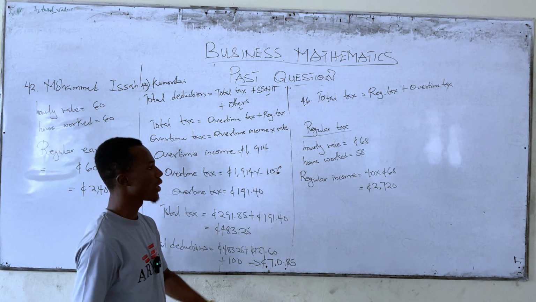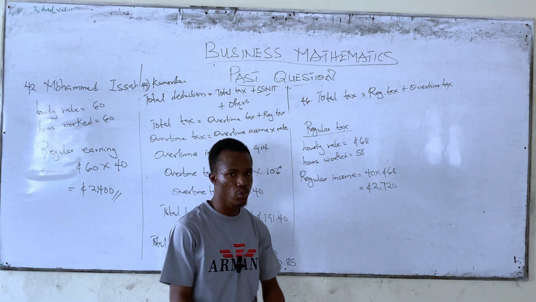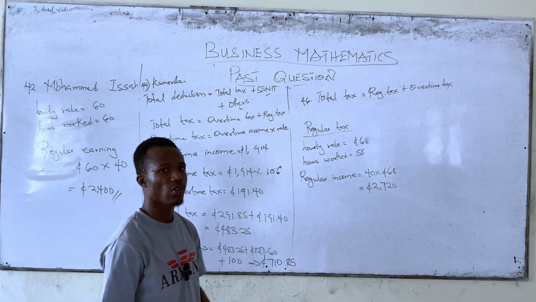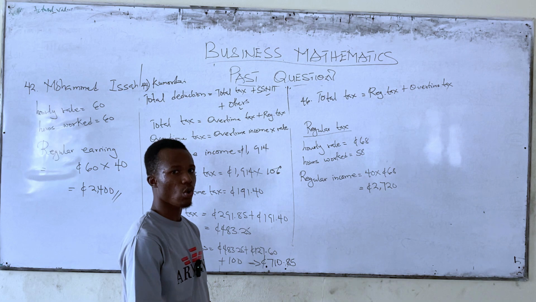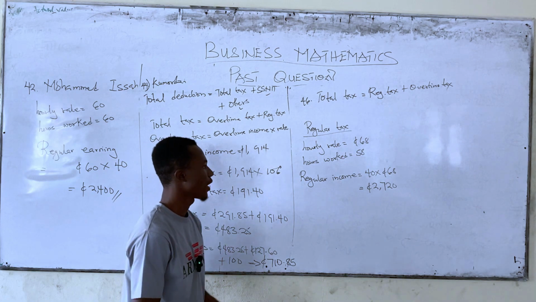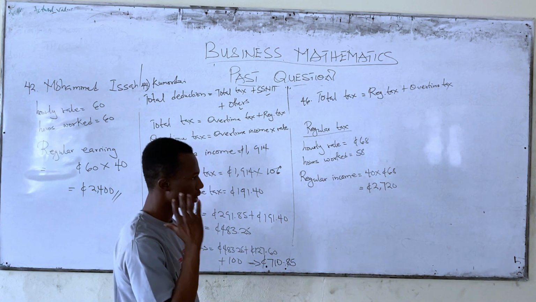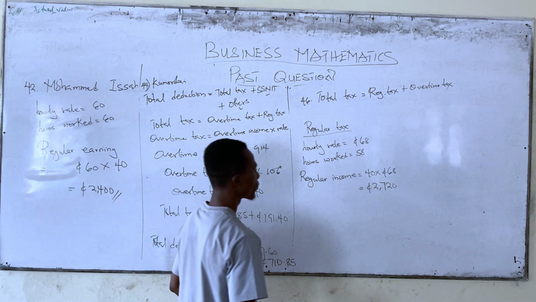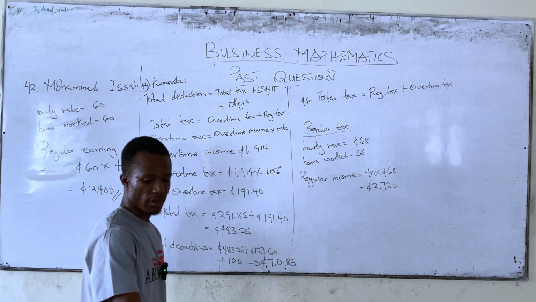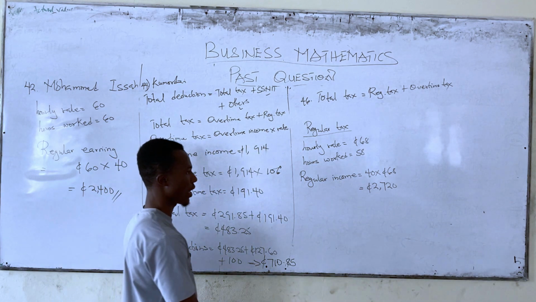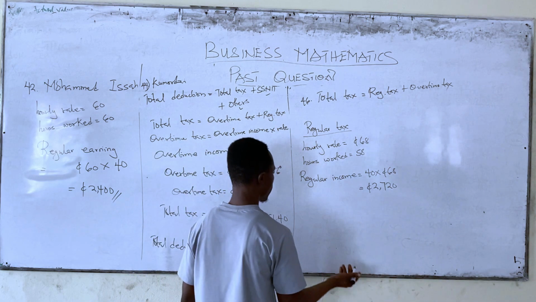Is that good? So now that you have gotten the regular income, you take your allowances from the regular income so that you get what is called taxable income. I just keep on saying it so that it will stick in your mind. Now don't forget, in this question we don't have any allowances, right?